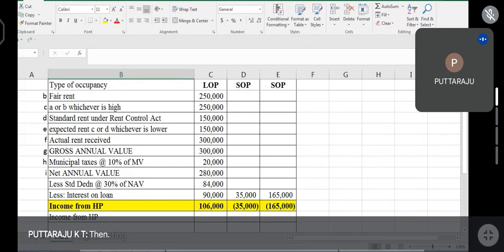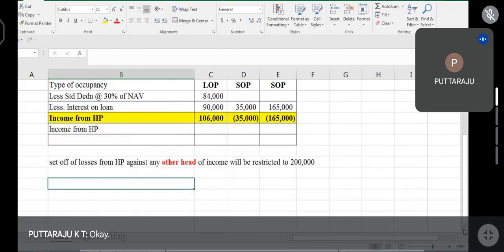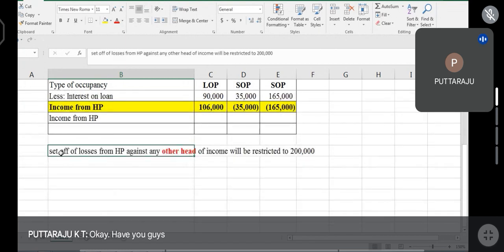Yes, sir. Have you guys understood this part? Yes, sir.